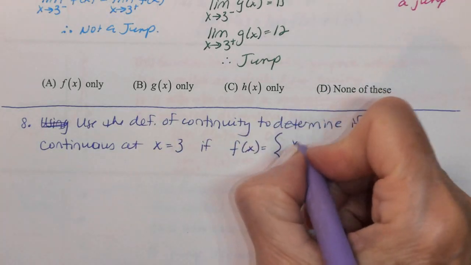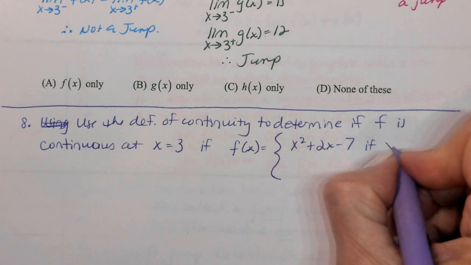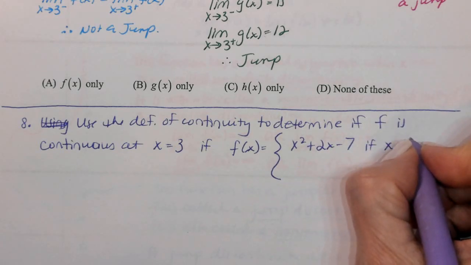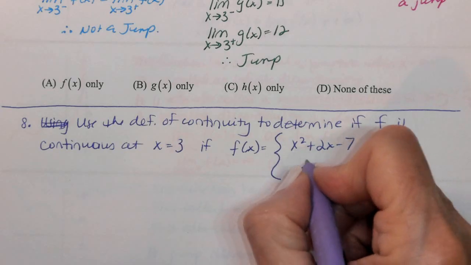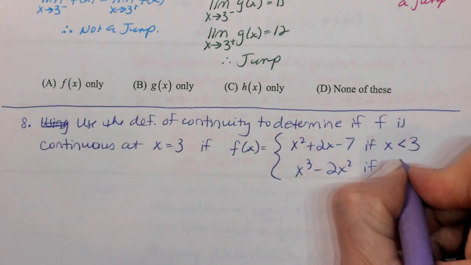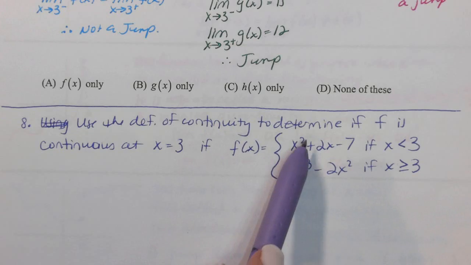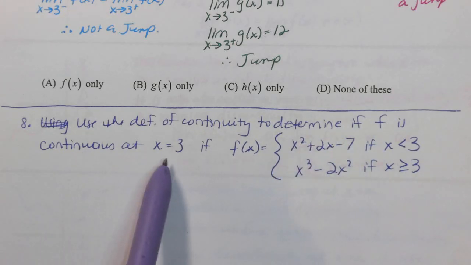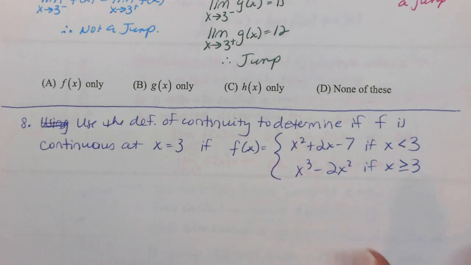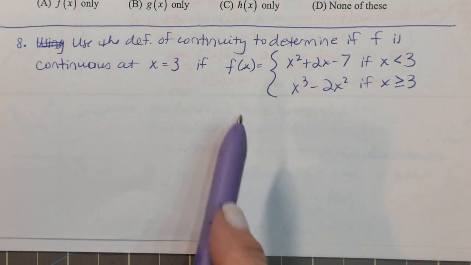It's going to be x squared plus 2x minus 7 if x is less than 3, and it's going to be x cubed minus 2x squared if x is greater than or equal to 3. Okay? So use the definition of continuity to determine if f is continuous at x equals 3.